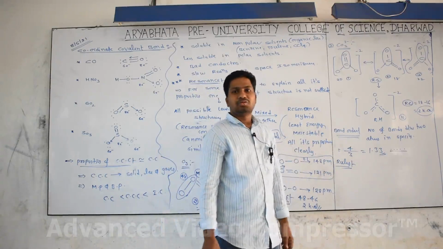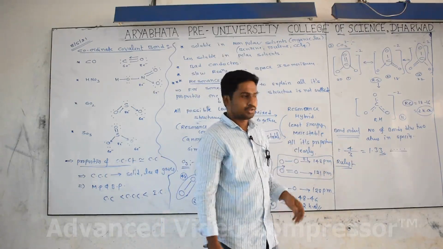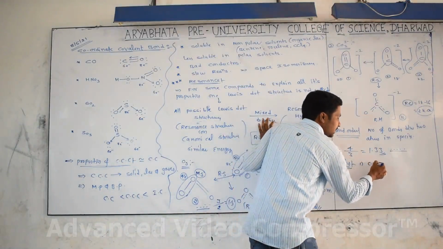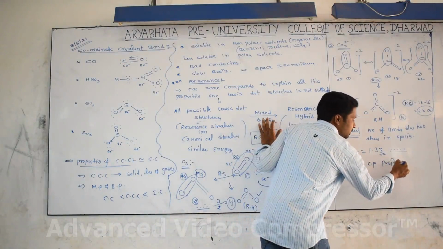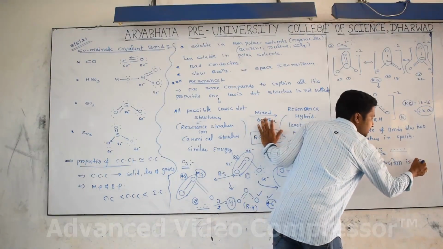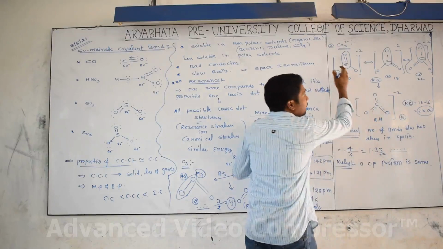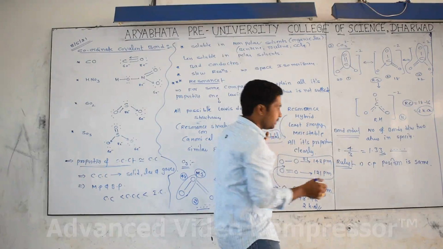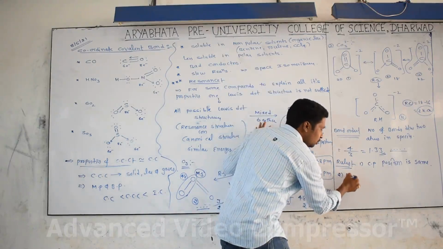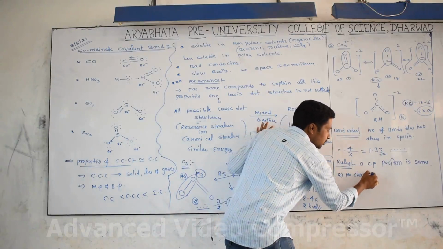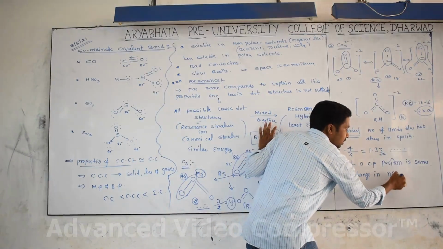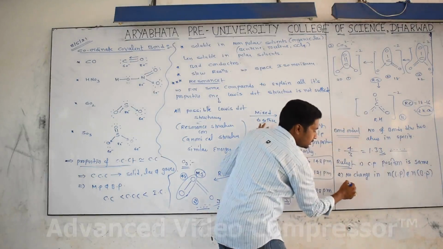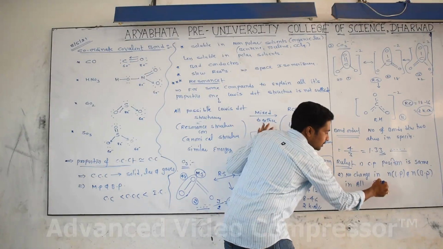See, what are the rules for writing resonance structures? I will tell you one important thing. First point: constant particle position. The constant particle position remains the same. While writing resonance structures, is there any change in the constant particle position? No, the constant particles are fixed. Second point: no change in the number of lone pairs and bond pairs in all resonance structures.